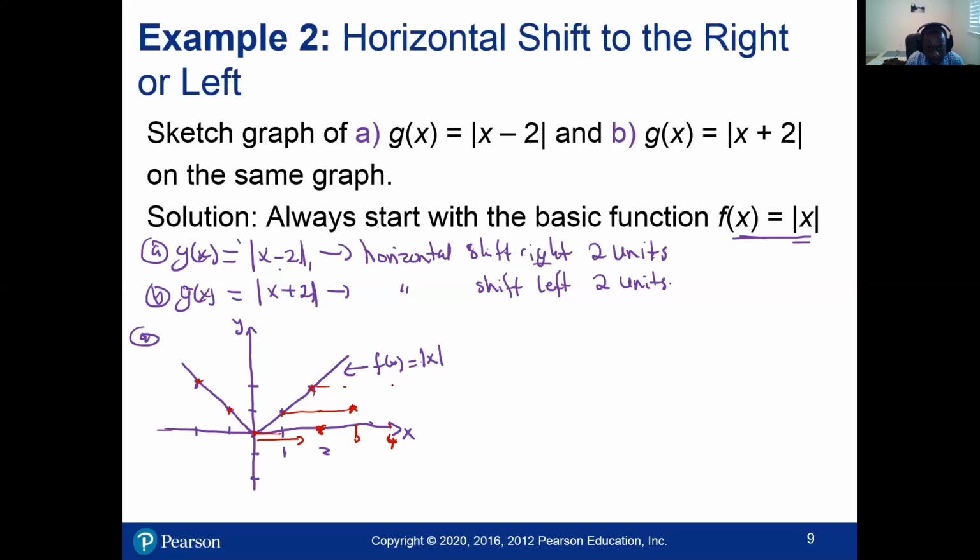Then this side is also moved to the right. So that's 1, 2, which will be exactly at that point, and then 1 and 2 will be at the y-intercept. So the graph of part A is this one.